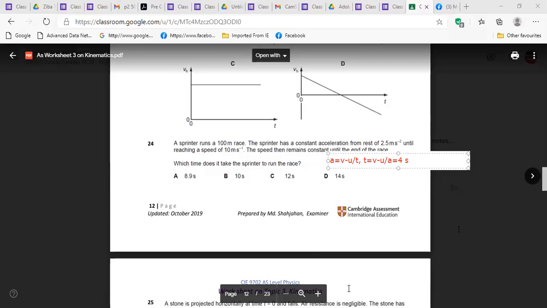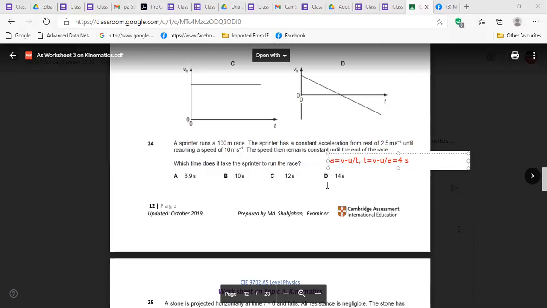Okay, so already we calculated that our distance, if you use v square equals u square plus 2as, then our distance traveled in 4 seconds comes 20 meters.